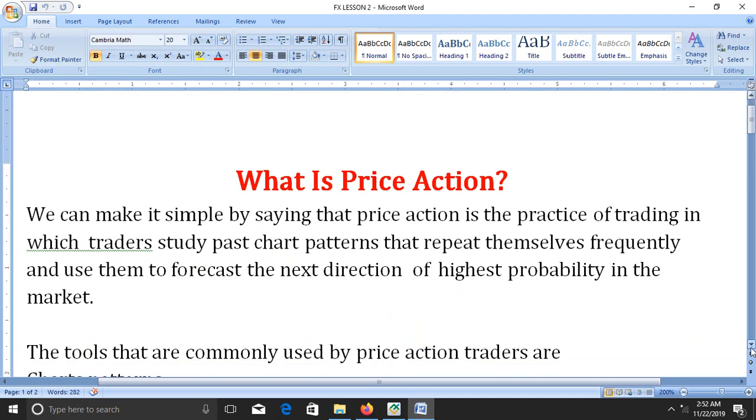We are using the structure of the market, that is the present structure, and the present structure depends on what we have before and what is forming now, and then we use that to determine the possible outcome. It's like when you see someone drawing. Okay, he has drawn the head, the hands, the chest, then you can probably say this guy is drawing a boy, or a girl, or a student.